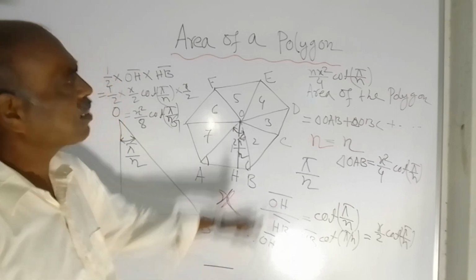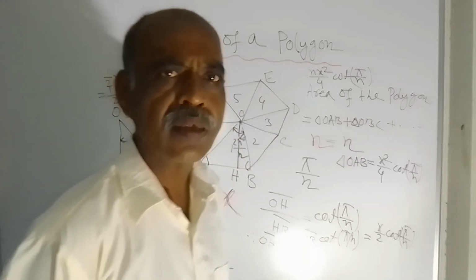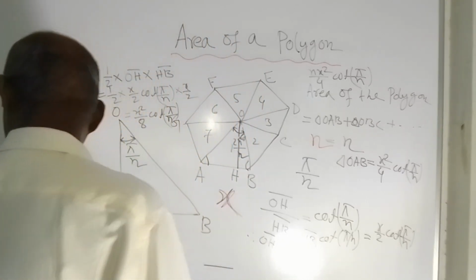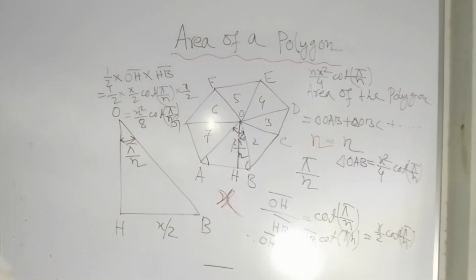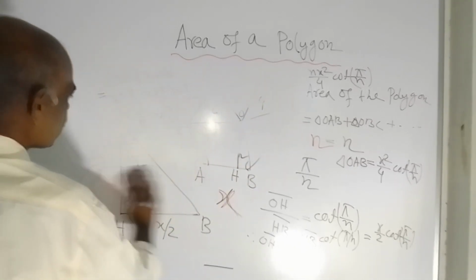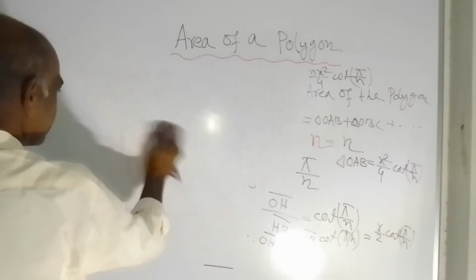This result can be verified by using n equal to 3. I need to erase some part of this, otherwise it's not possible to proceed any further.